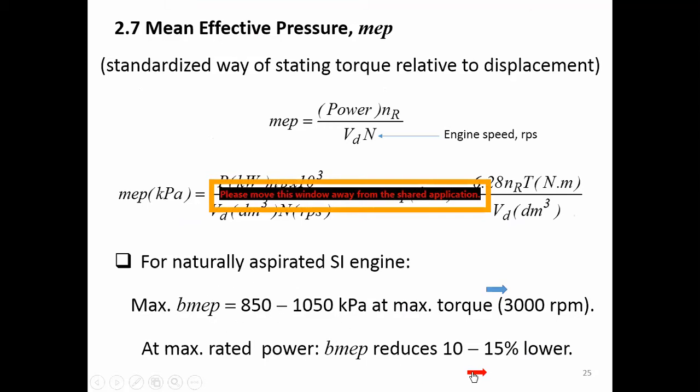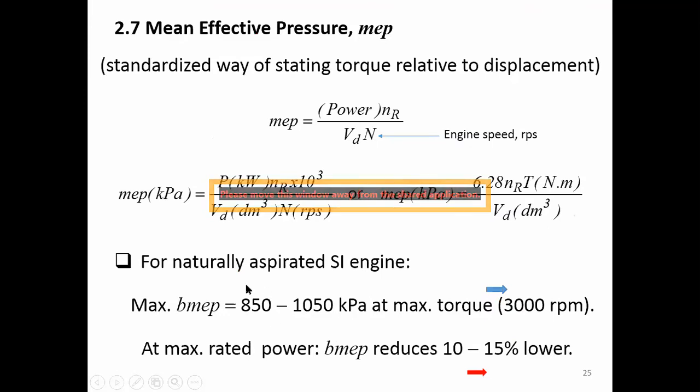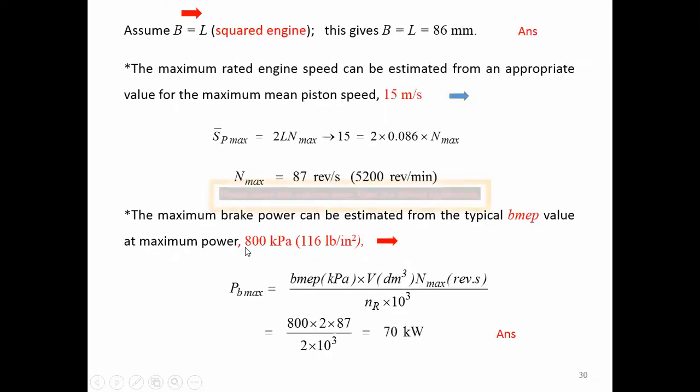So what we choose in this example is 800 kPa, which is lower than this 550, about 10 to 15% lower. So we choose 800 kPa to be our brake mean effective pressure when the maximum brake power occurs.